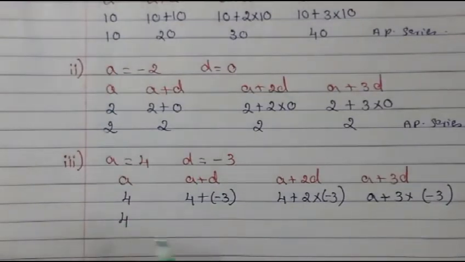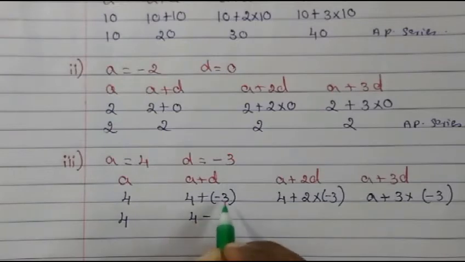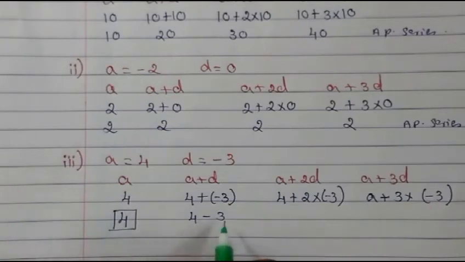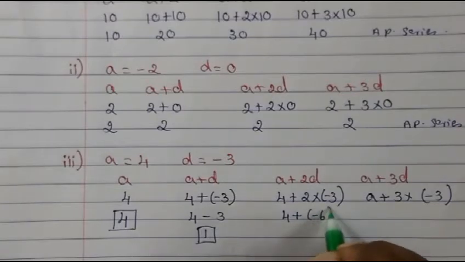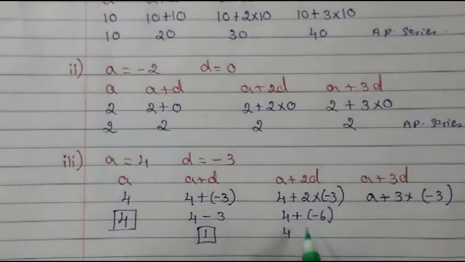Now A will be 4 only here. Now you have 4 plus into minus will become minus, then 3. So this is A value. 4 minus 3 will give us 1. Now here 4, then plus, then 2 3s are minus 6, because the minus sign is there. So again plus into minus, minus 6. What will we get? Since the biggest number is minus, the answer will be in minus.